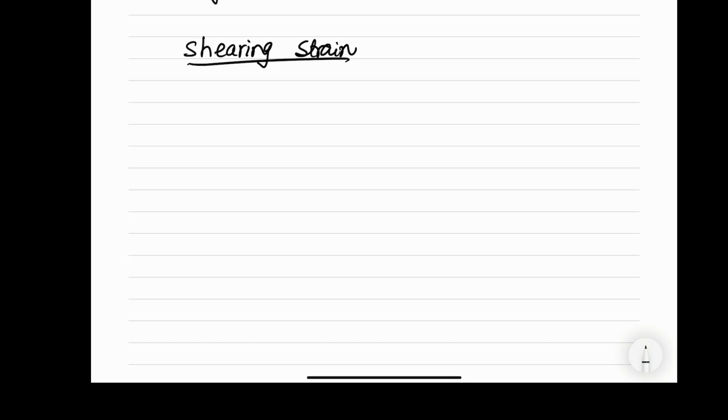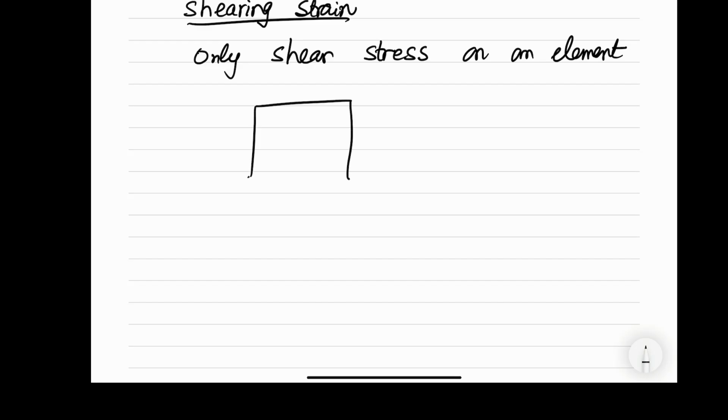We talk about shearing strain. So now let's look at a case of, so now we are inverting.